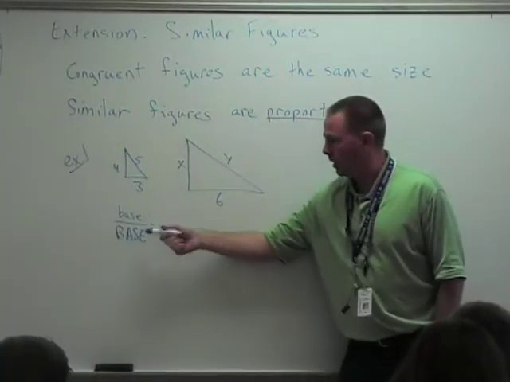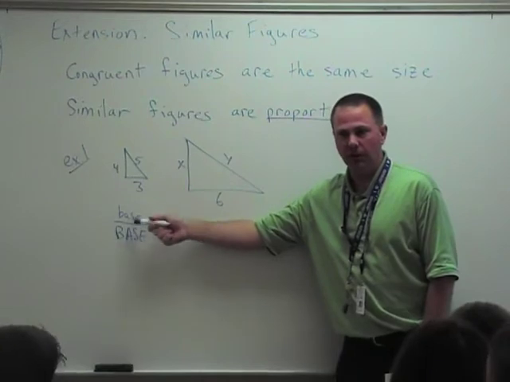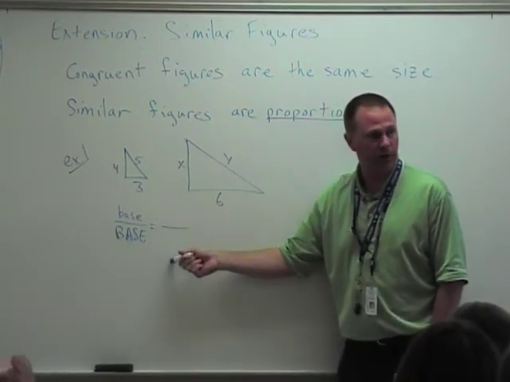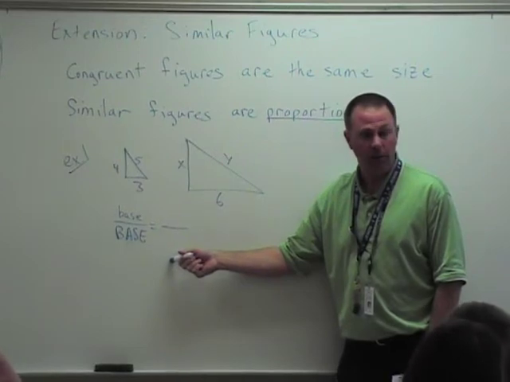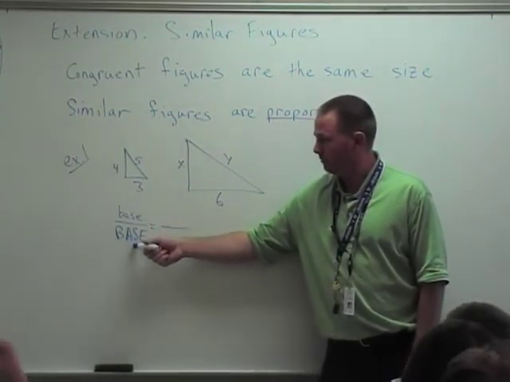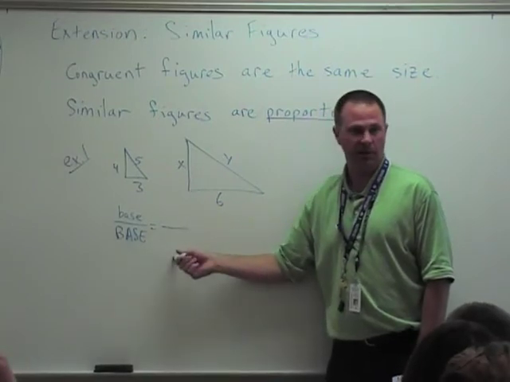Meaning I went from the small figure to the large figure here, I better go from the small figure to the large figure here. But what I don't want to do is go base to base and then hypotenuse to base.